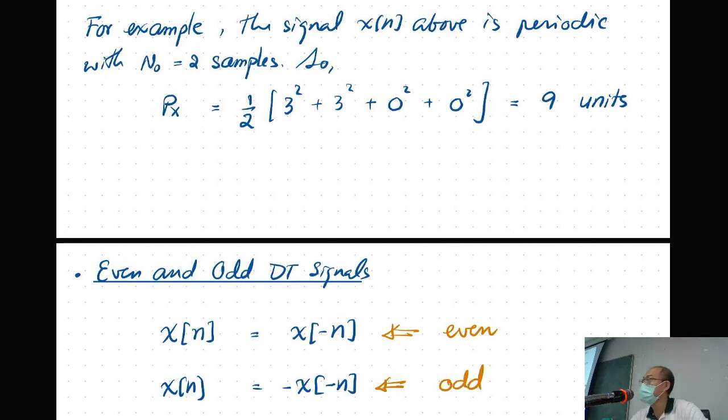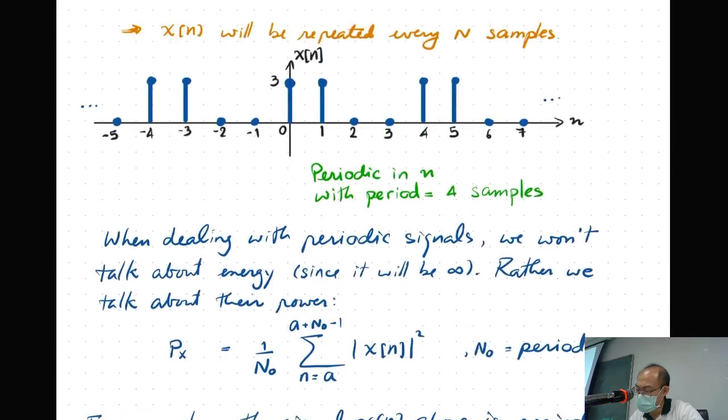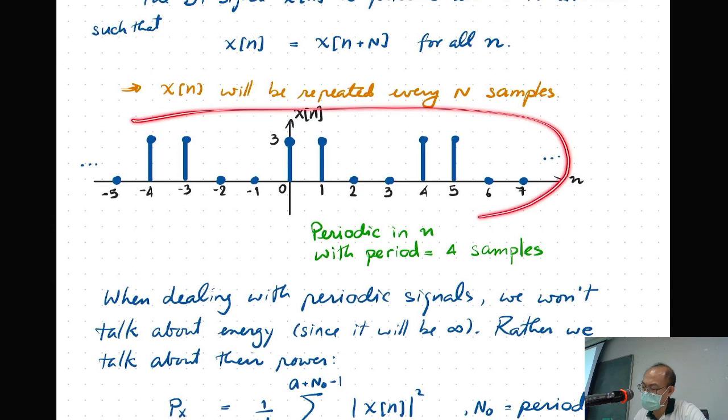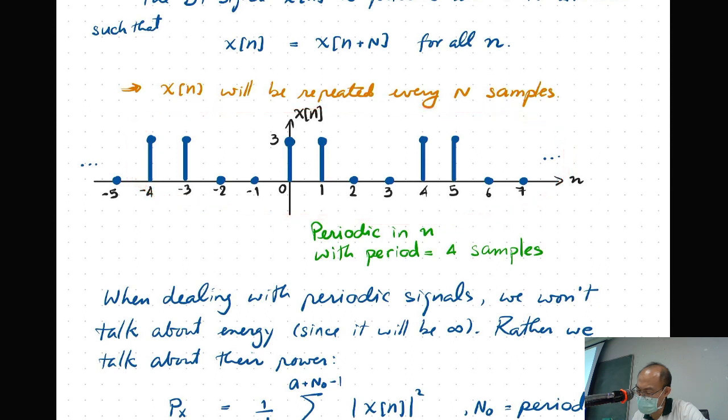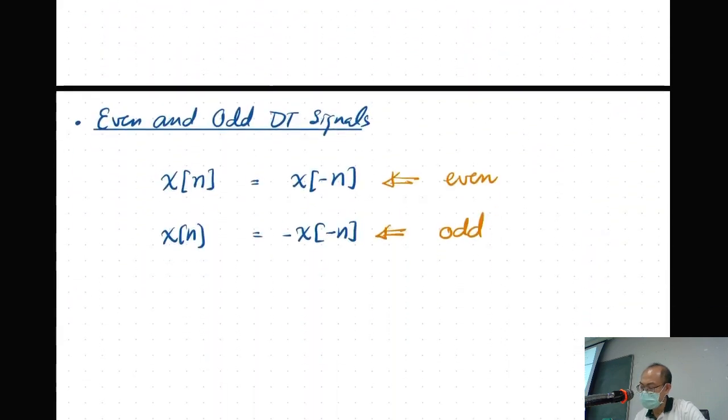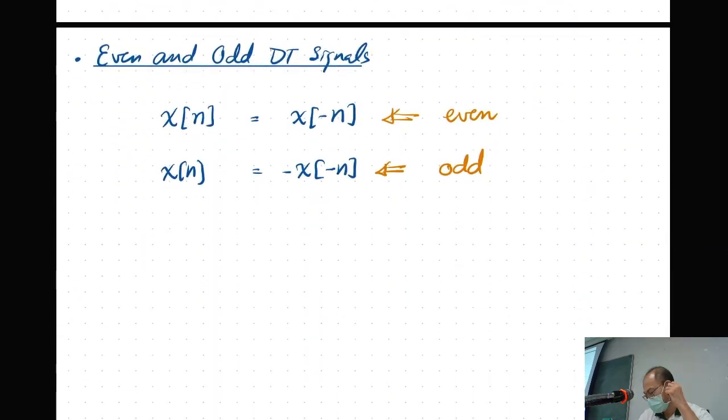This is easy, so let's just leave it like that. This signal here is neither even nor odd. All right, good.